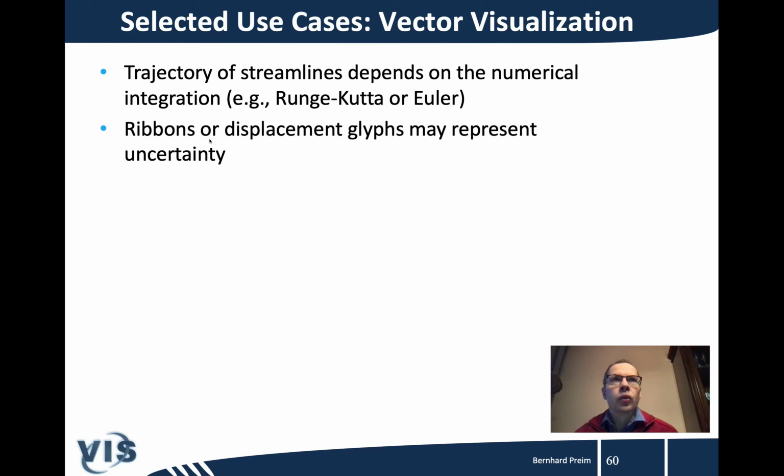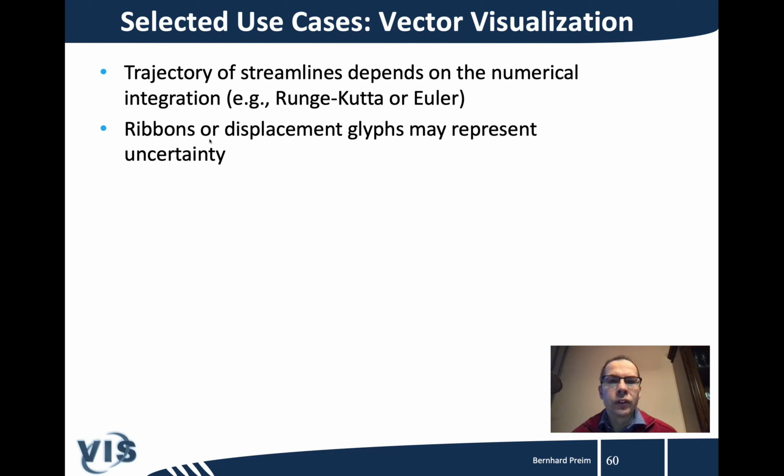You do this numerically, and you may remember from math lectures, numerical integration involves different things. For example, a certain step size that influences the accuracy of the results, but also different methods that take more or fewer points in the surrounding into account. So here for numerical integration, primarily Runge-Kutta methods and Euler methods are used.